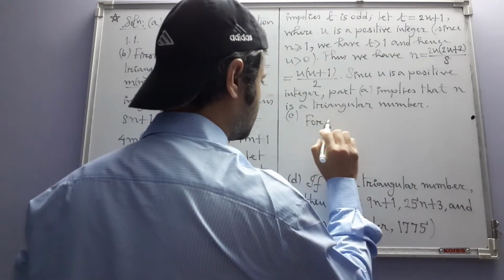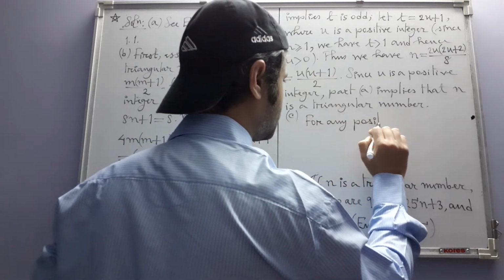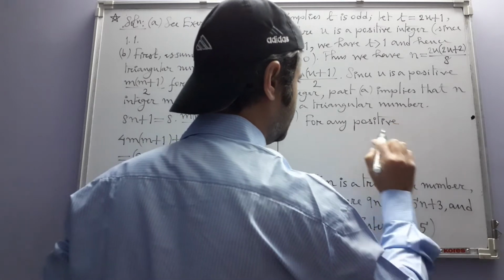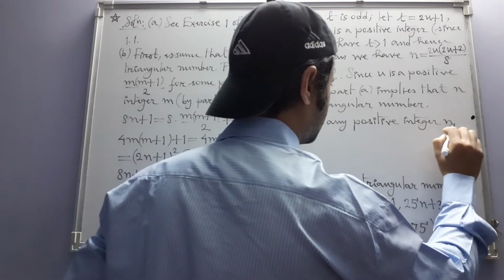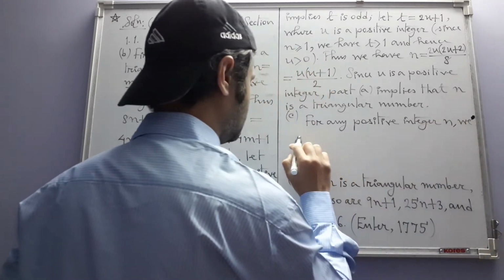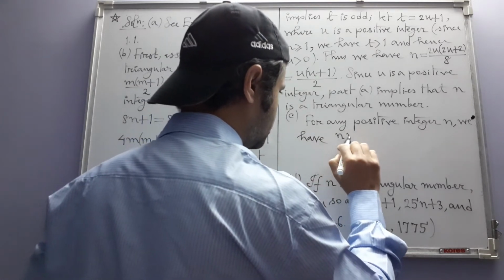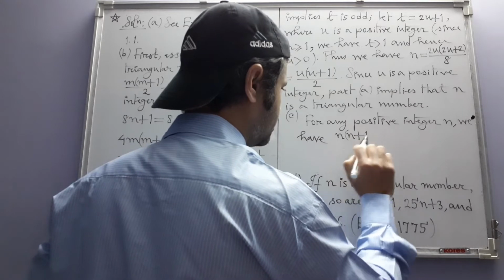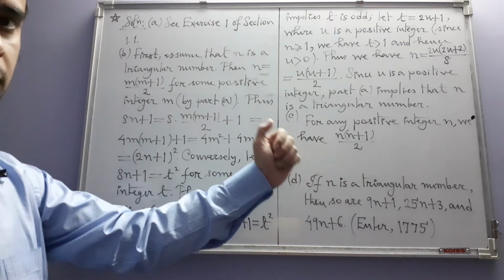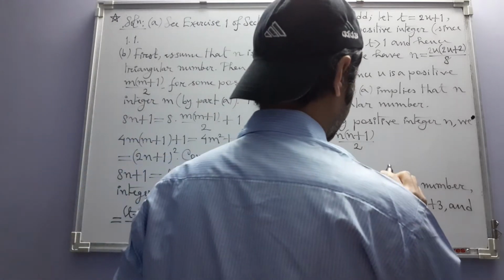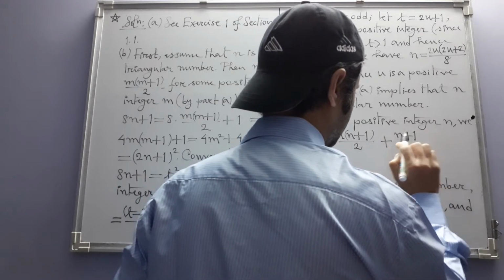For any positive integer n, we have the triangular number that is obtained by adding the first n positive integers is by part A this, and the next one is this.